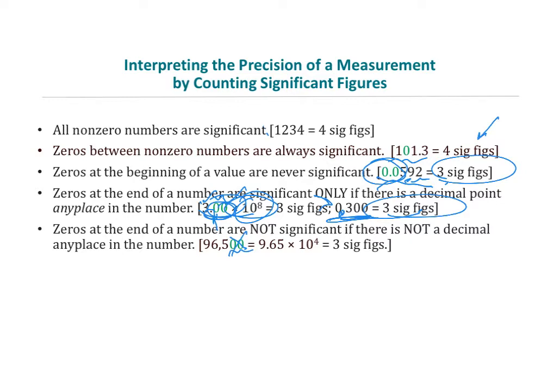So, whoever did this measurement, 96,500, had an instrument that allowed them to be certain of the 10,000s place, the thousands place, and the hundreds place. But the equipment was not precise enough to tell them what the value is in the tens place and ones place. So that's all that means.